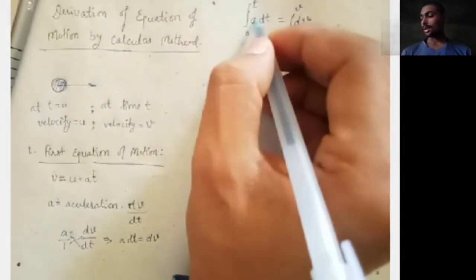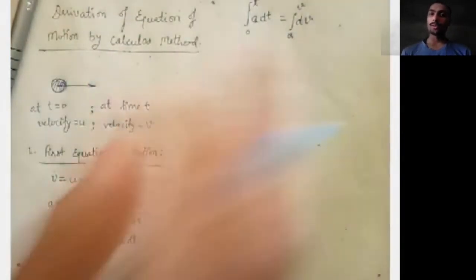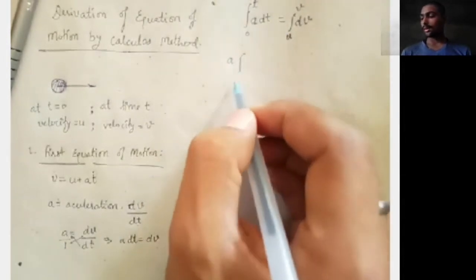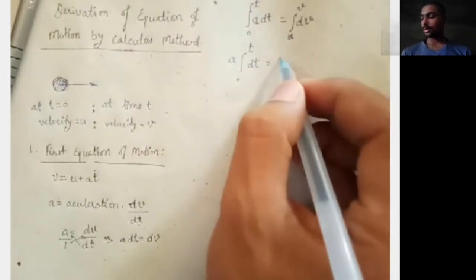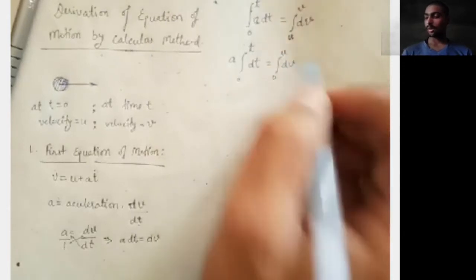Okay. Now since acceleration is constant throughout the motion, we assume it, so we can take it outside. So now the equation is like this: a times integral of dt from 0 to t equals integral of dv from u to v.